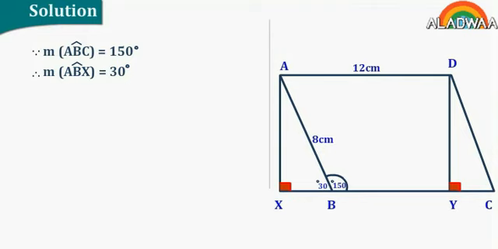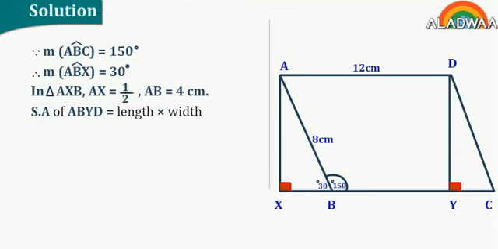The surface area of AXYD equals length times width, equals 4 times 12, equals 48 centimeters squared. The surface area of ABCD equals the surface area of AXYD, equals 48 centimeters squared.